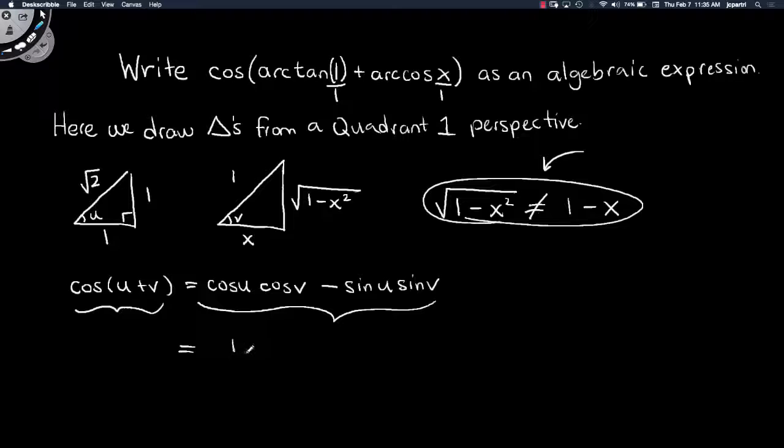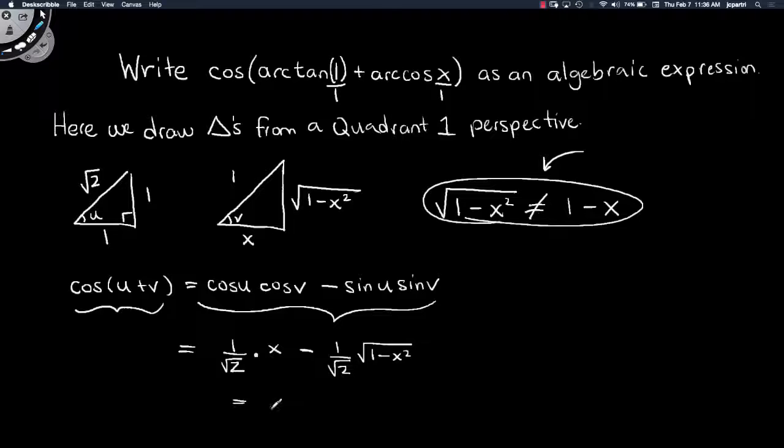Yes, I'm going to put 1 over the square root of 2, but you're absolutely right. It does rationalize to that. Cosine of v? X over 1. So x. Minus sine of u. And then sine of v, the square root of 1 minus x squared.